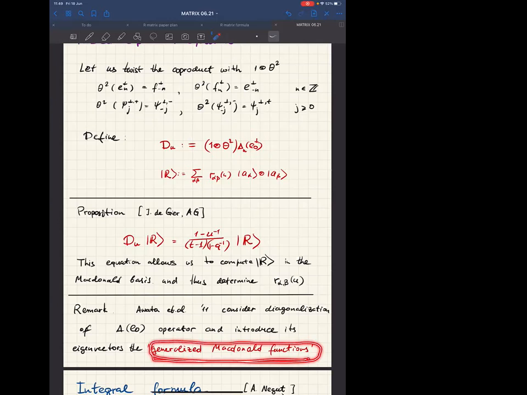In our case, we twist this coproduct and define a new operator. This problem is similar to the one they considered. But this is a side remark.